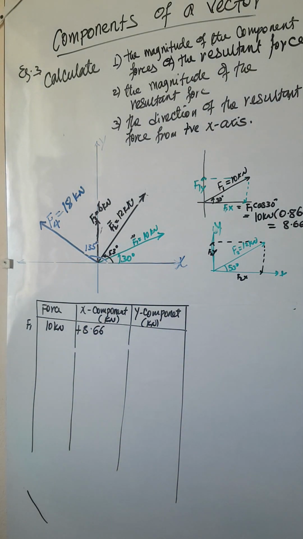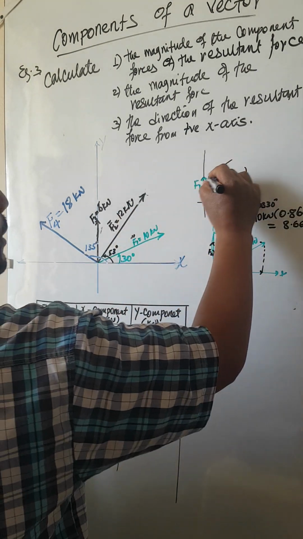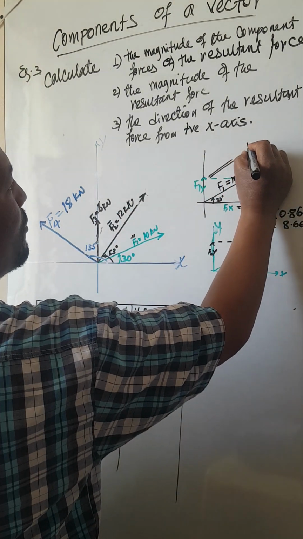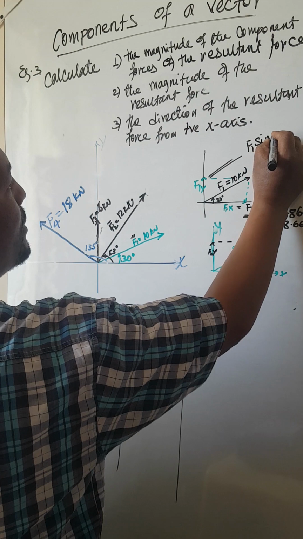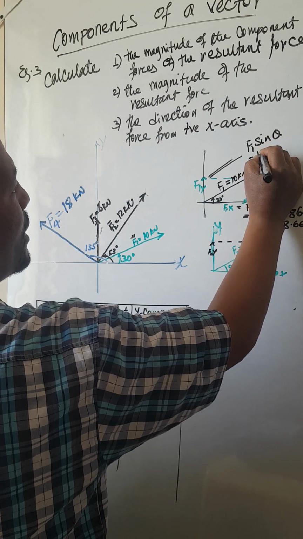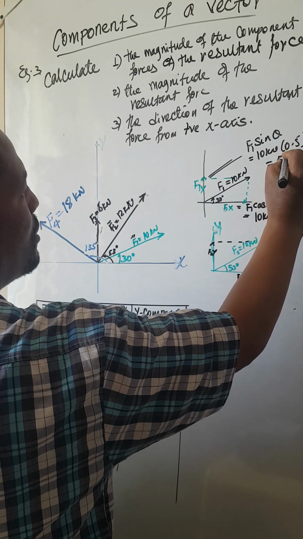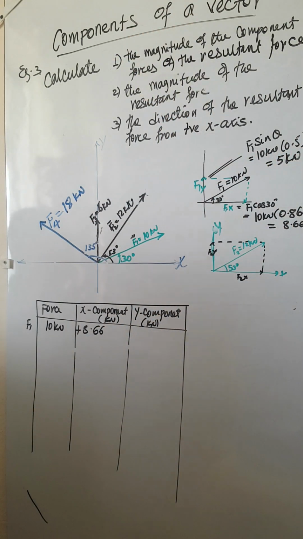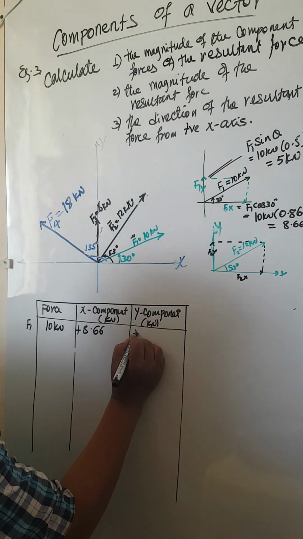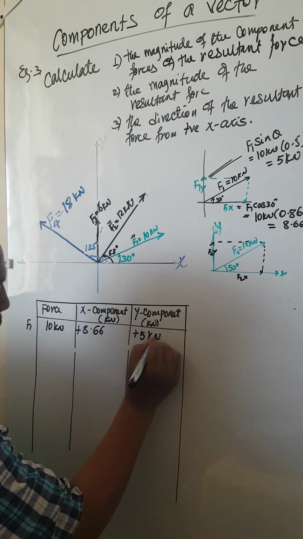Now F1y is equal to F1 sine theta. F1 is 10 kilonewton, sine theta is 0.5, so this is 5 kilonewton, again in the positive y direction. So this is positive 5 kilonewton.